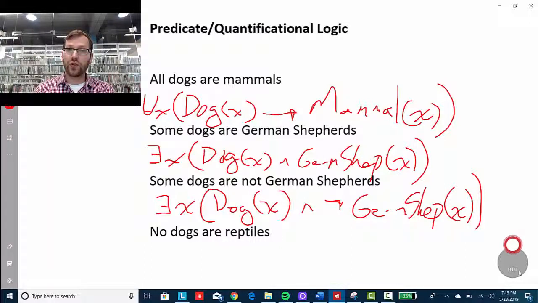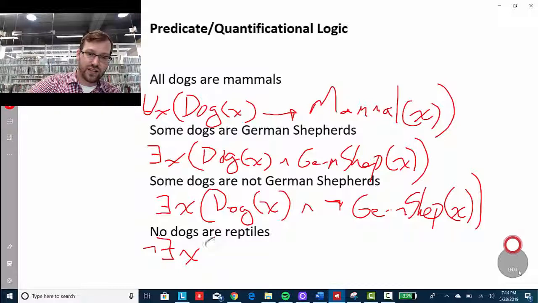Or we have no dogs are reptiles. There's a couple of ways that we can go about representing this sentence. I'm just going to do one way since this is introductory. One way is to say it's not the case that there exists. We put the negation out in front of the existential quantifier. So to say it's not the case something exists is to say there's none of them.